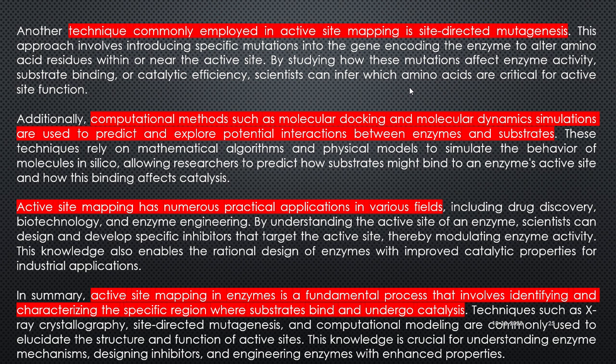By understanding the active site of an enzyme, a scientist can design and develop specific inhibitors that target the active sites. If the enzyme is very toxic, you can inhibit it this way by binding a specific inhibitor to a specific active site, thereby modulating enzyme activity. So you can use this knowledge for that also.